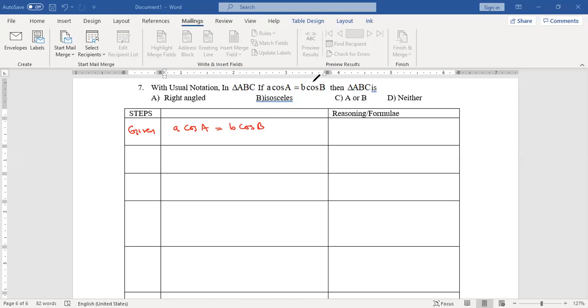So I'm going to convert everything into angles. Which rule should I apply? Sine rule.